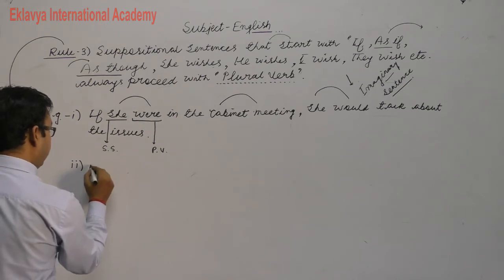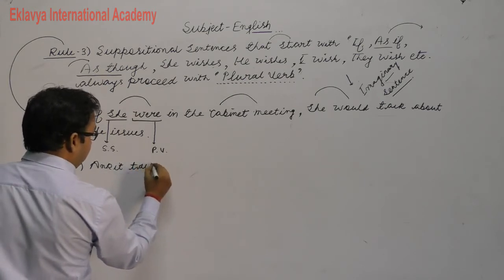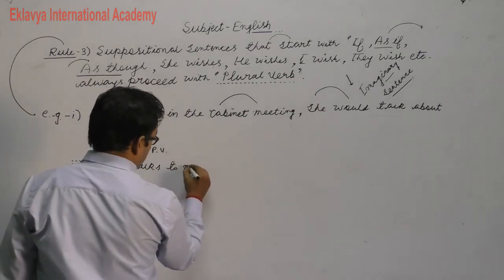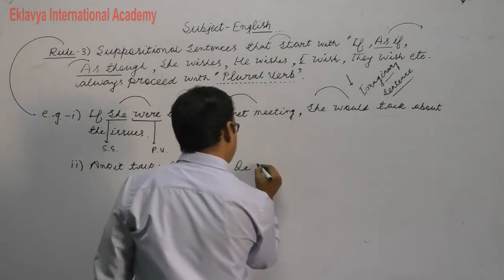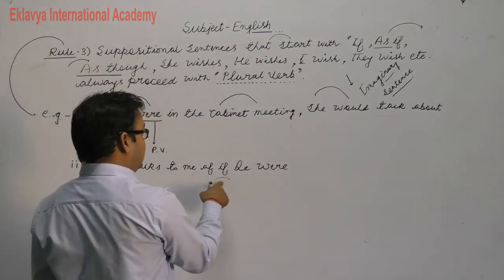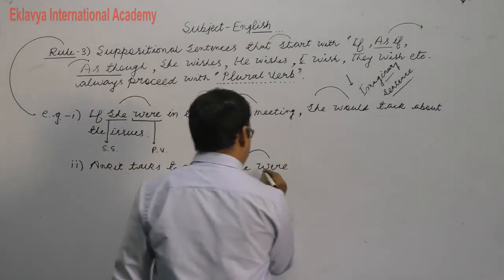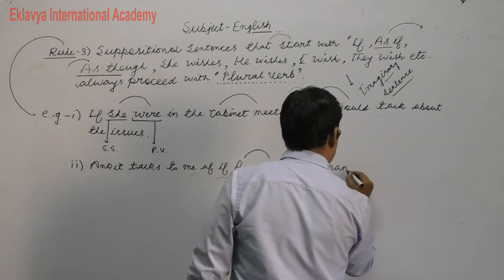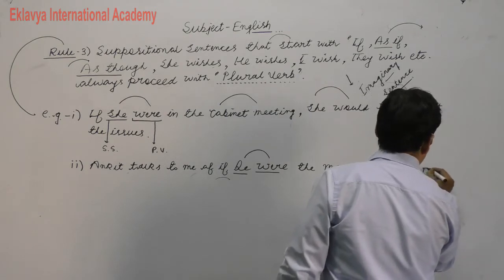Let's have example number 2. Ankit talks to me as if he were the manager of a company. We have a conjunction here, and the suppositional sentence starts from here.